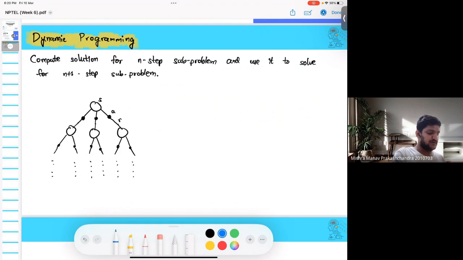Now look at this blue rectangle that I have drawn.